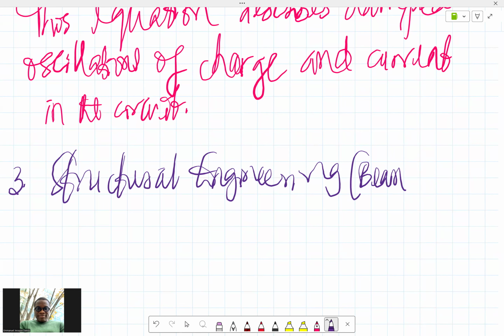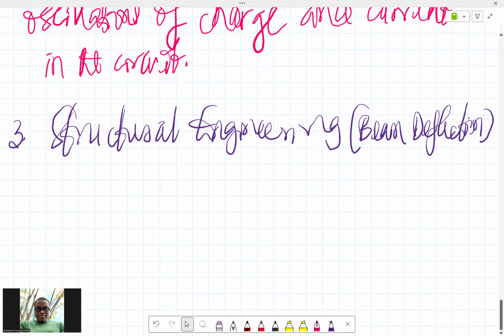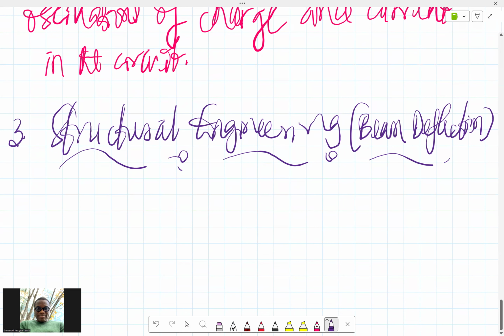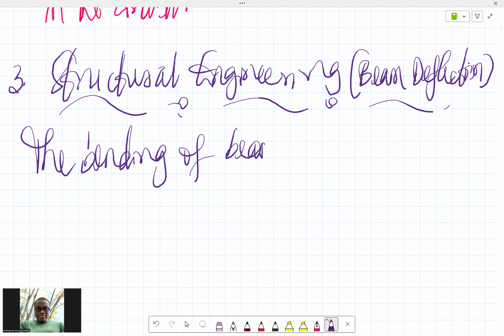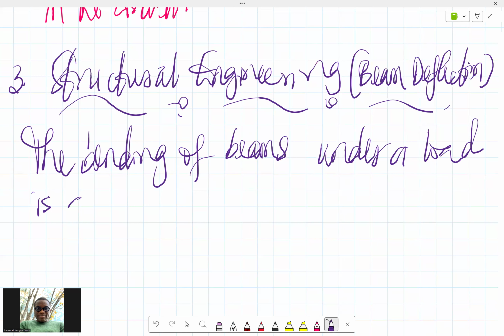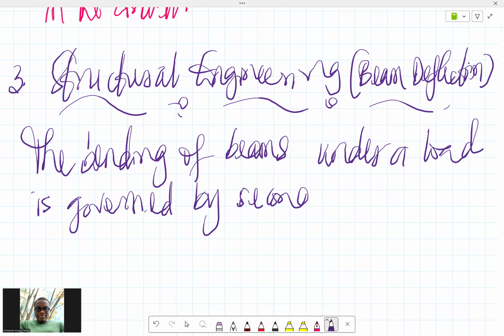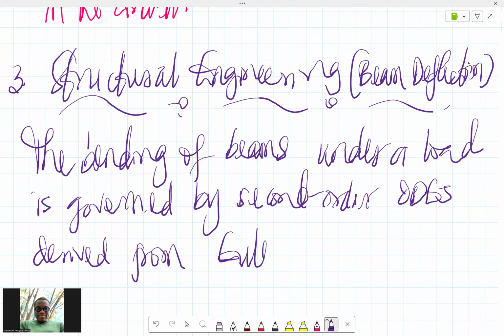So vibrations are involved, right? The bending of beams, like in bridges and buildings under a load, is governed by second order ODEs derived from Euler-Bernoulli beam theory.